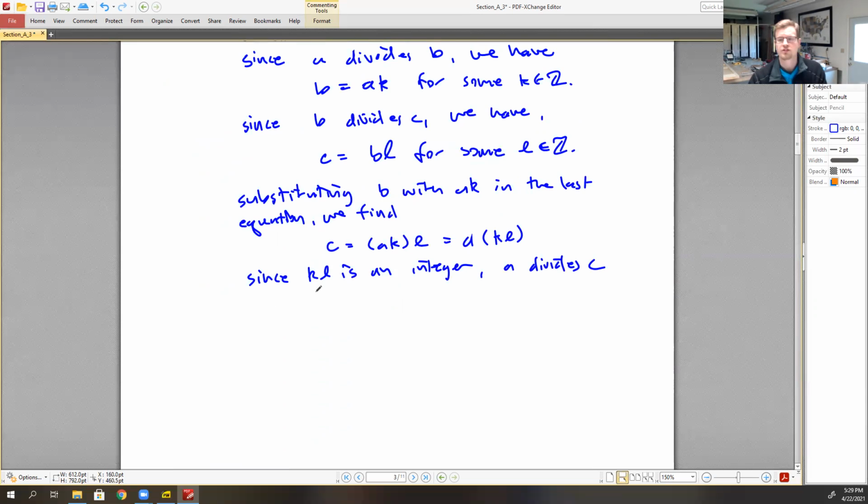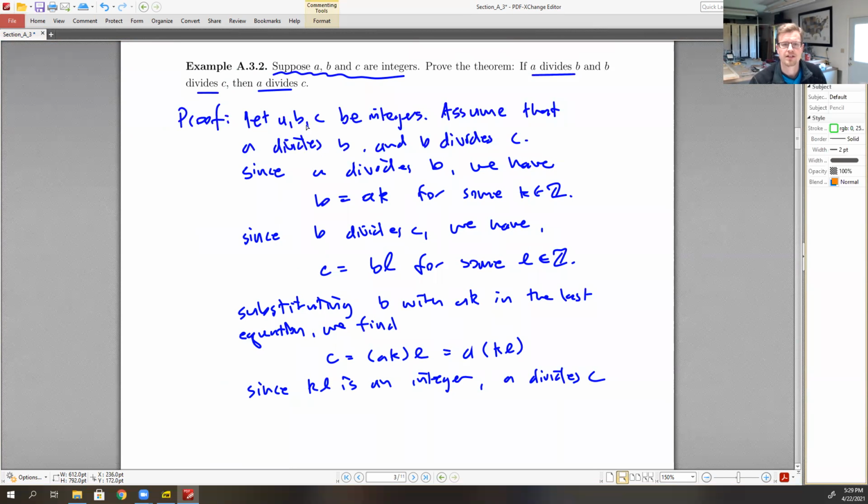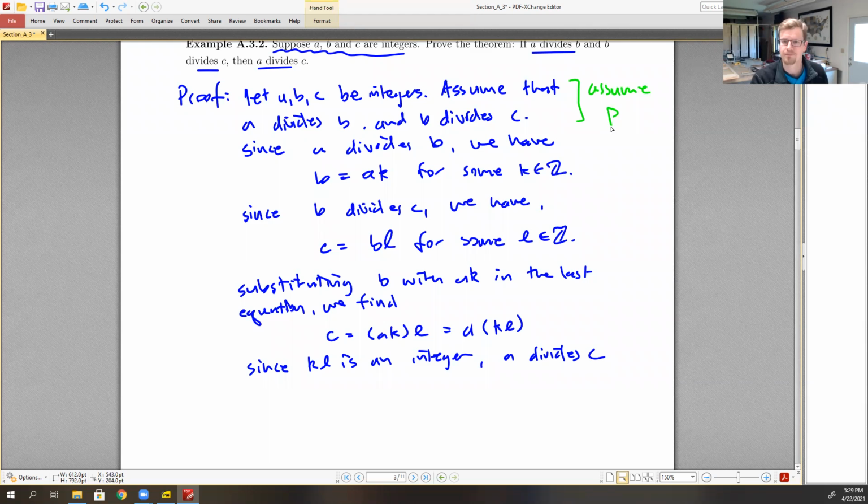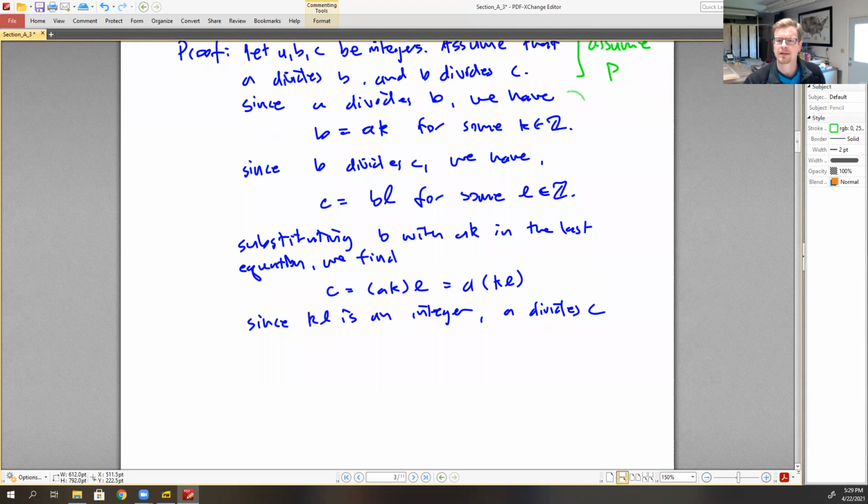All right. So what have we done so far? Well, we started with our assumptions, and that would be fine, but we need to let the numbers be integers. And here, we have assumed the premise, or the hypothesis rather. And then here, I made some manipulations and definitions.